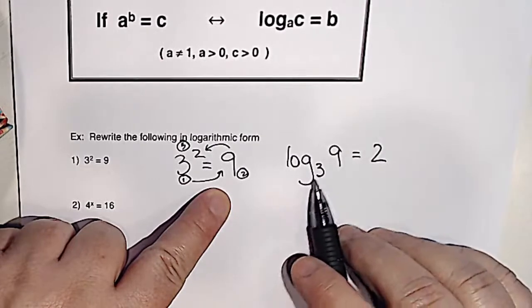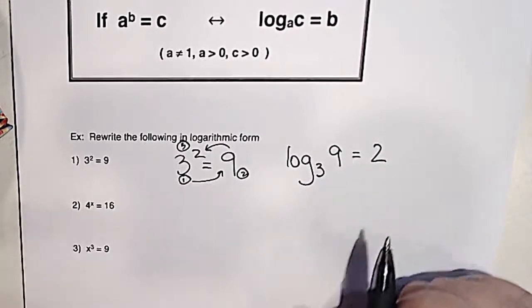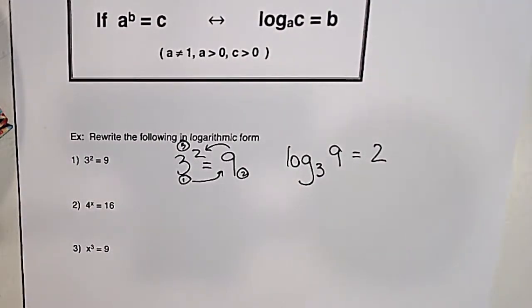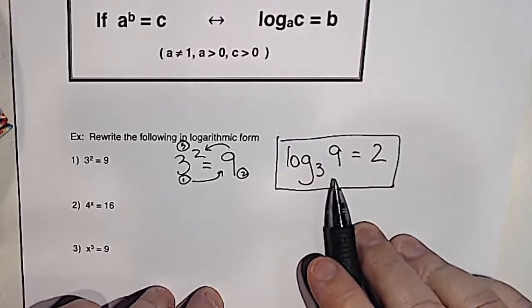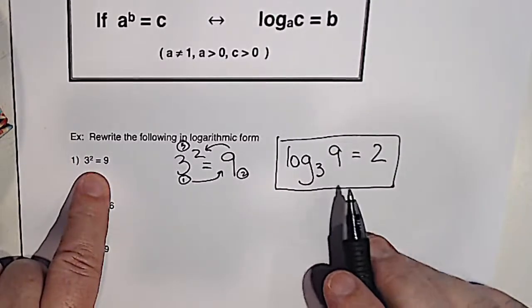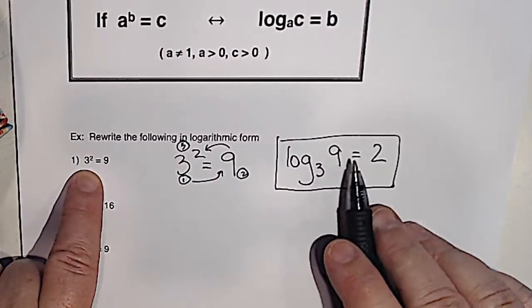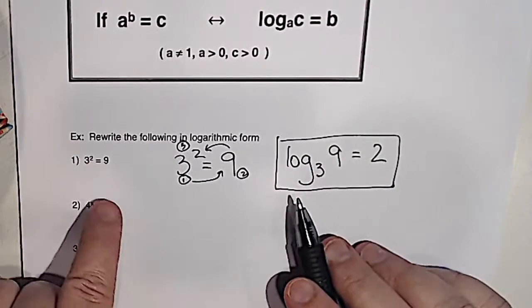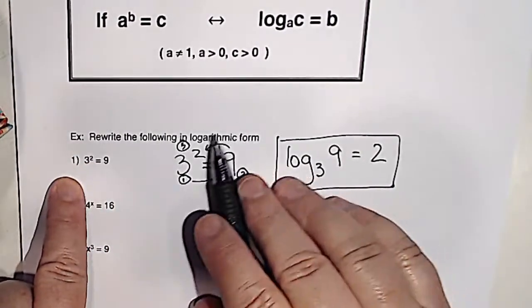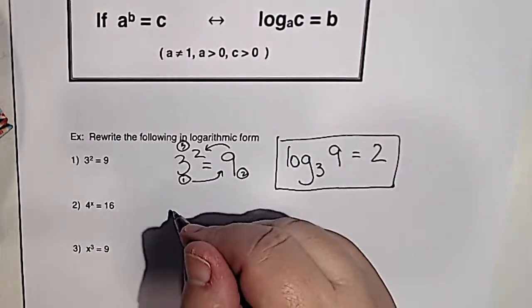How many 3's go together to make 9? 2 do. Okay, so then the next question is, well, if we were in logarithms, how would we get back to the exponential? Well, let's start. You start down on the left, 3, go across, 2 equals 9. So you always start down low, go across, and come back. Do a little circle.